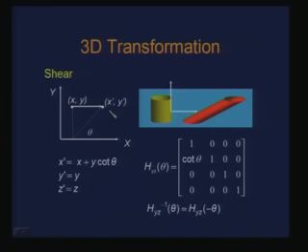Now, I assume that there is this angle theta which is made by this line. So, I take the projection of this point on the x axis, and this is the angle which is made by this x prime y prime from the x axis, theta, right. Then I get x prime is equal to x plus y cot theta, y prime is equal to y, and z prime is equal to z. So, there is no change in y and z values, there is only change in the x value.